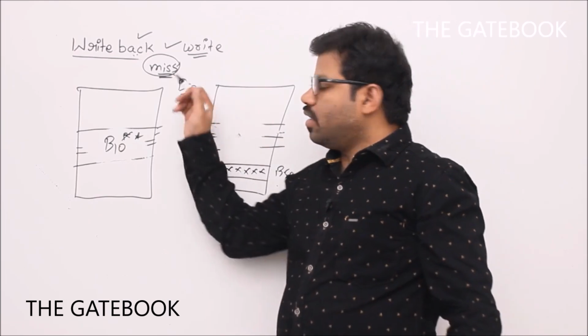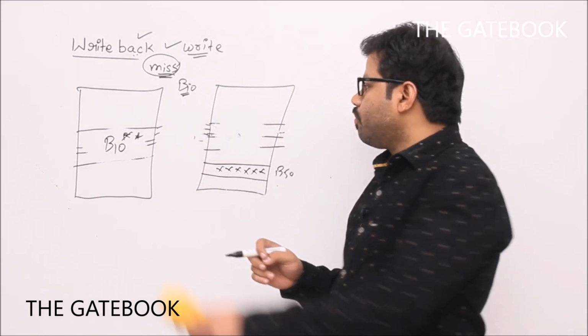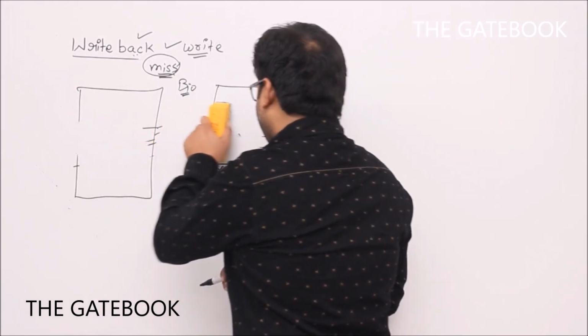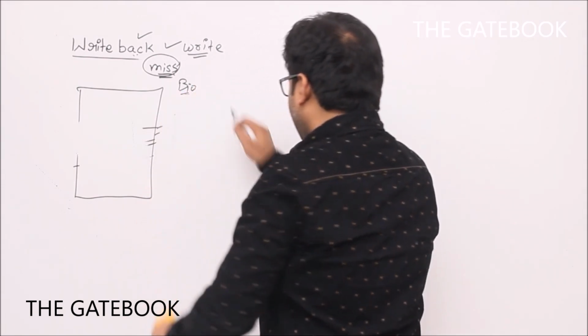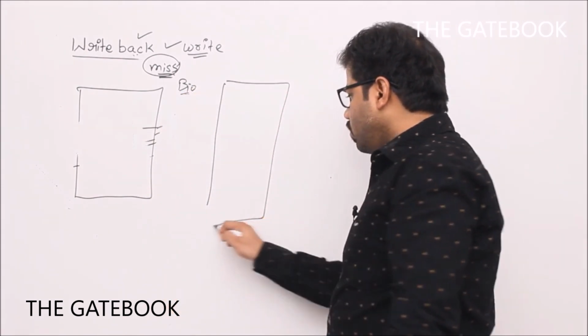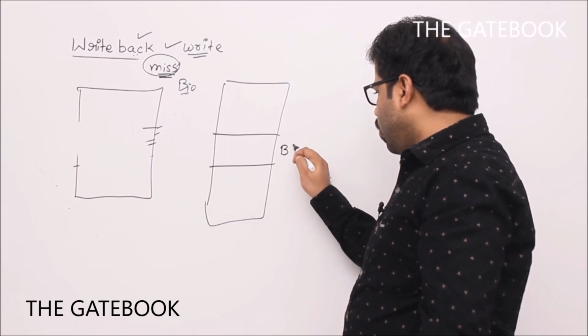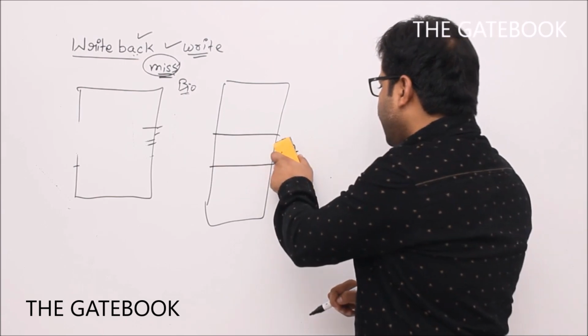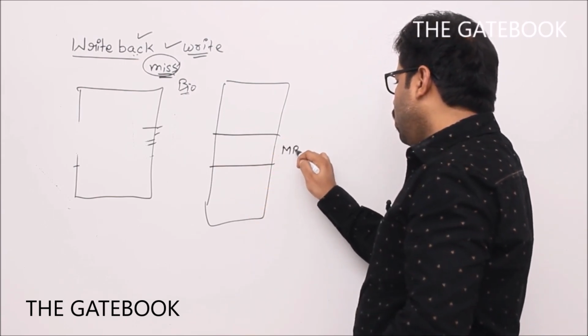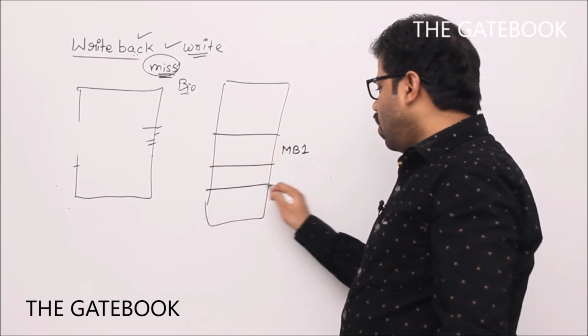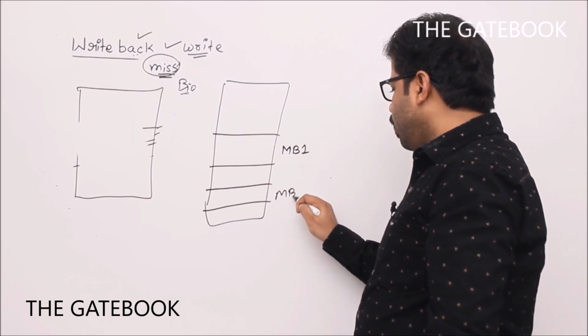So let me revise the miss again. This is your main memory. This is a block. Let us call this block number 1, main memory block 1. There is another block called main memory block 2.